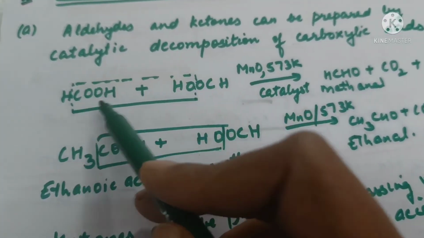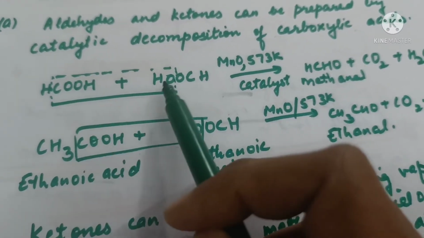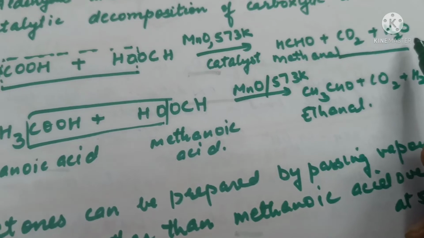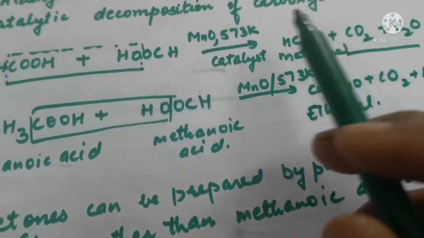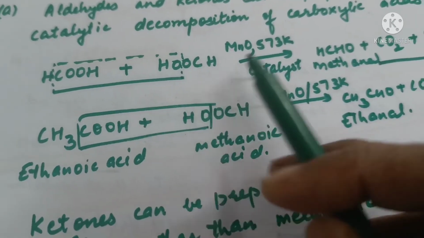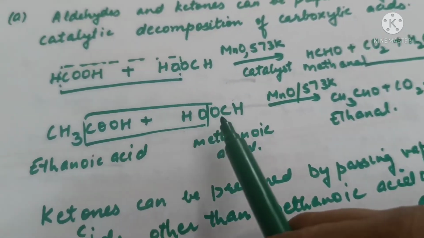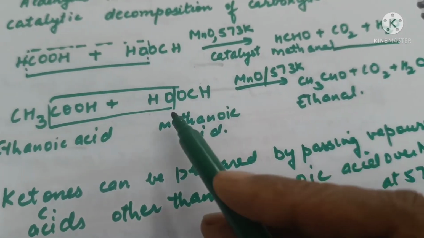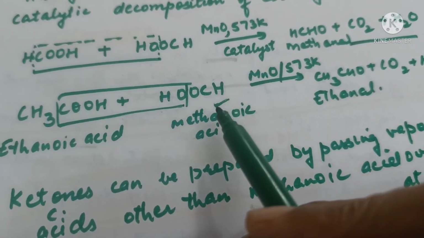So COOH of one acid and H of other acid will combine to form carbonic acid, which disintegrates into carbon dioxide and water, and H and CHO will combine to form methanal. So with formic acid, aldehyde methanal is formed. With formic acid and ethanoic acid, ethanal is formed. Aldehydes are formed if one of the acids is methanoic acid.